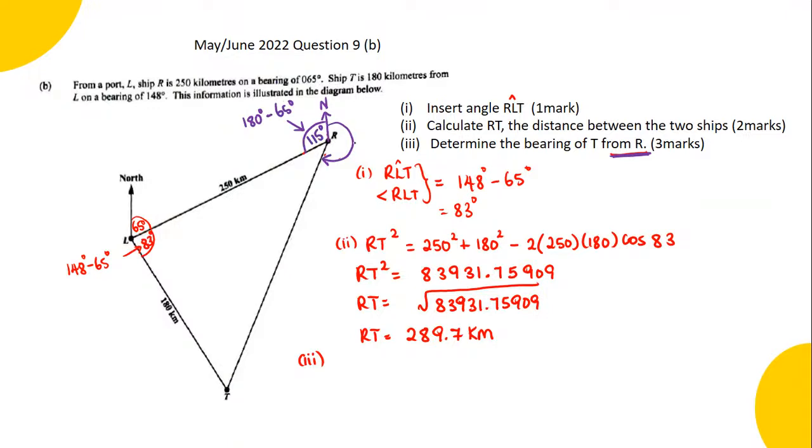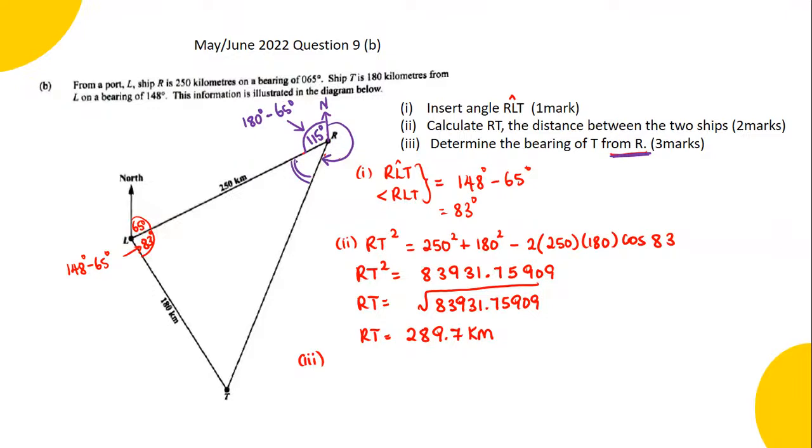Now we know that the total amount of degrees in a circle is 360. Now, if we could find this missing angle here, we can simply add 115 to this angle and subtract it from 360 degrees to get our bearing, right?